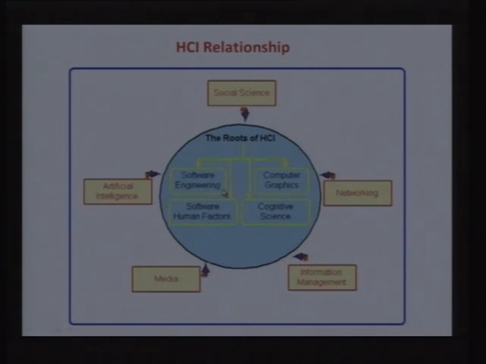It lies in your software engineering, computer graphics, that is your software human factors, cognitive science. So why are we even talking about these disciplines? Because it is the intermingling of the different disciplines which has in true terms really helped to design the system in a proper way.